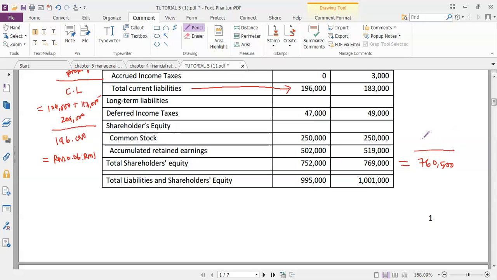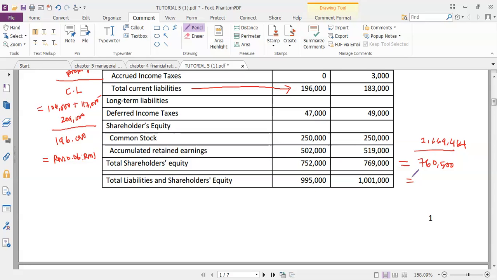So net sale is 2,669,484. So how much is our return on equity? 2,669,484 divided with 760,500.